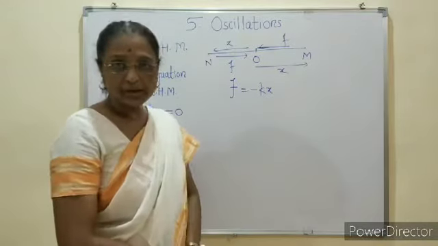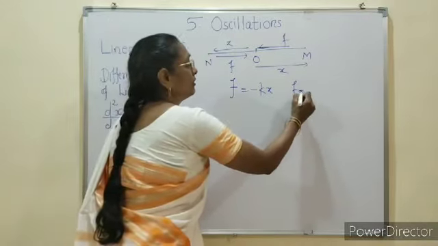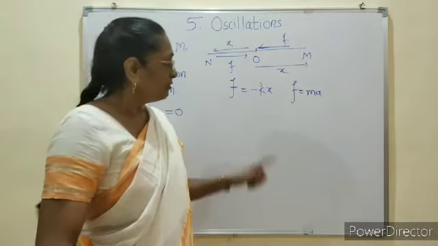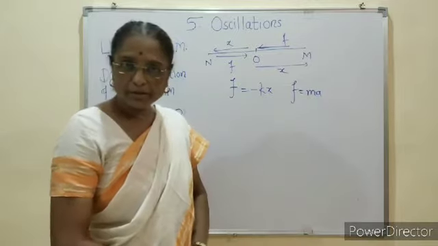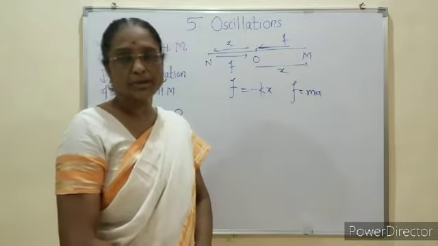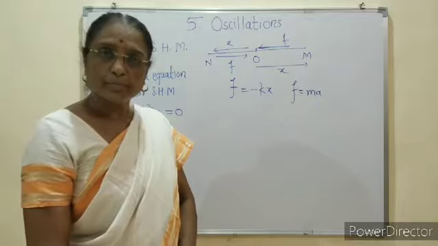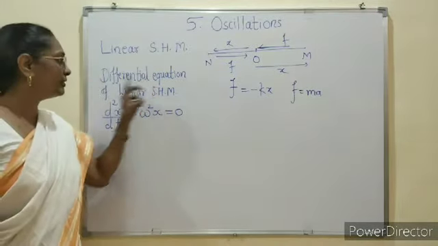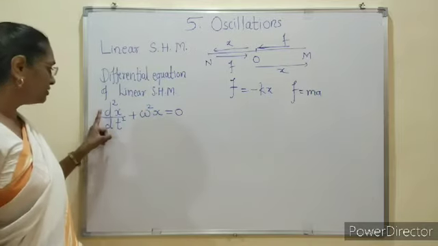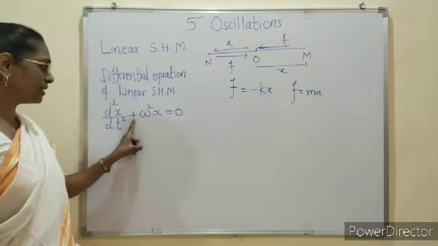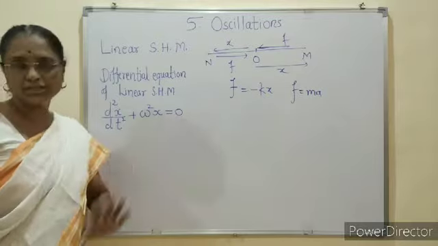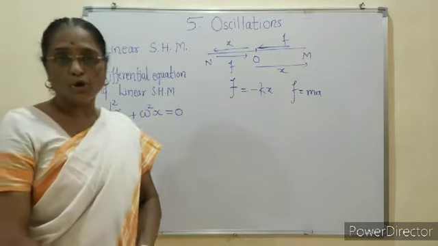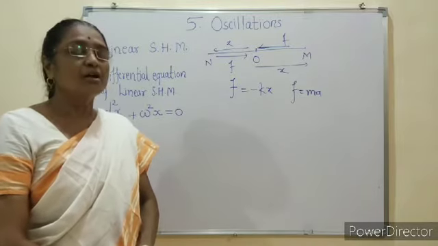From this equation, and according to Newton's second law of motion, F is equal to ma. By using these two equations, we have derived one simple relation, which is the differential equation of linear SHM, given by d square x by dt square plus omega square x is equal to 0, where omega is angular frequency or angular velocity.